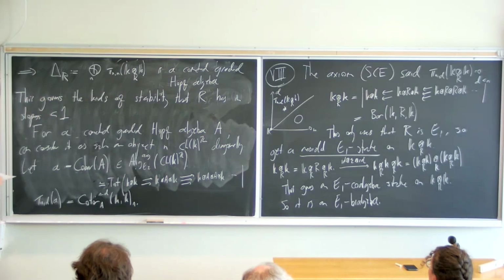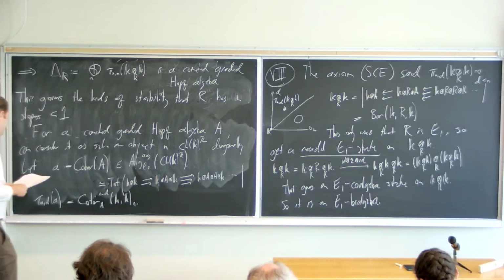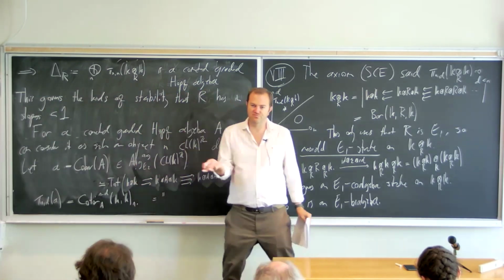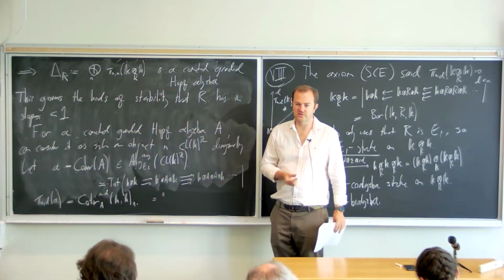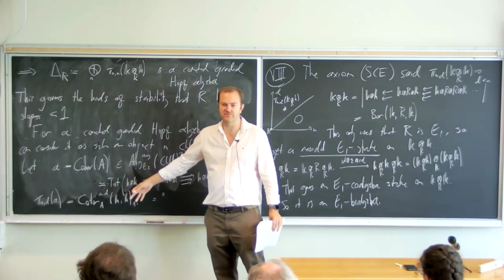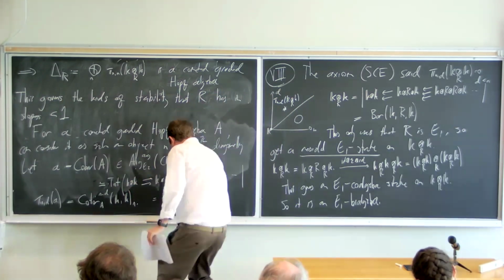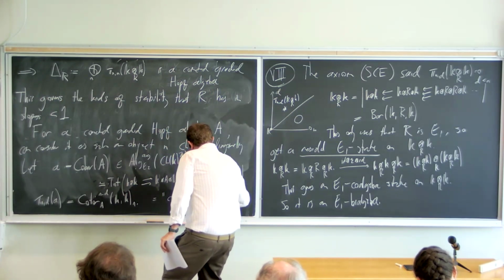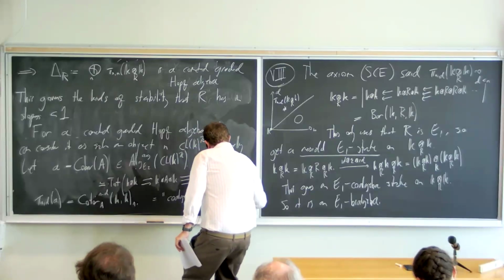Okay. So Tor of algebras is somehow the homology theory for associative algebras, and this is the homology theory for coalgebras. So this is coalgebra homology of A.